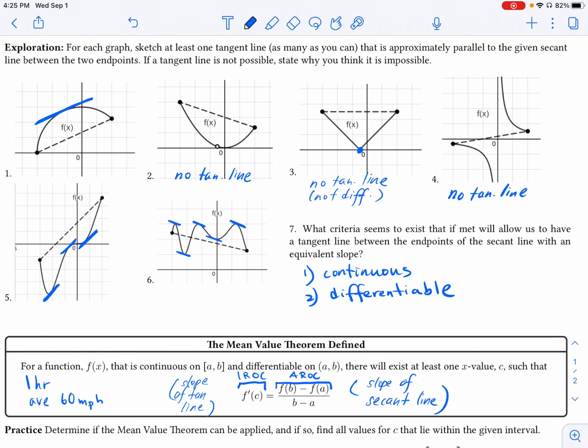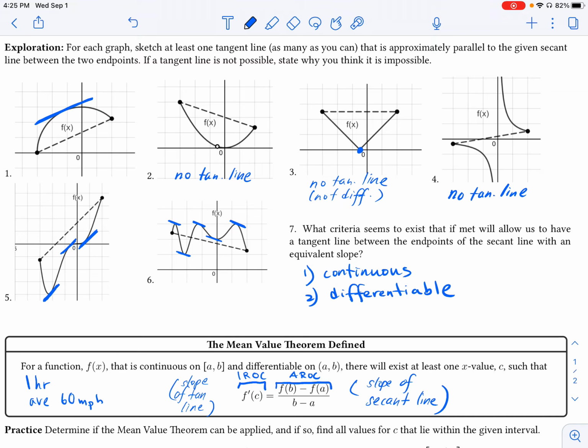What the mean value theorem is saying is, assuming that your trip was continuous, that you were driving constantly, and you averaged 60 miles per hour, that means at some point during that 1 hour road trip, you had to have driven for at least one instant 60 miles per hour.